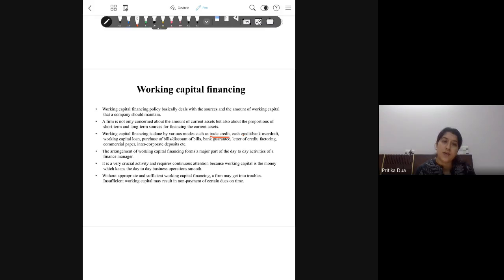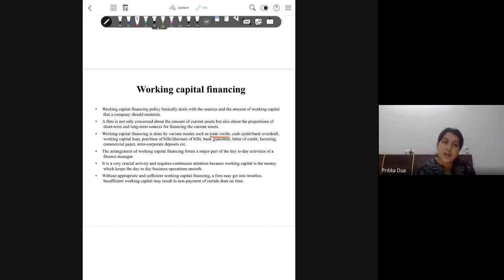Now, this again is a facility given to current account holders for which interest is charged by the bank. Next is working capital loan, literal meaning a short-term loan taken to finance the working capital requirement of the business. Yes, Shrey, you're right about the bank overdraft.